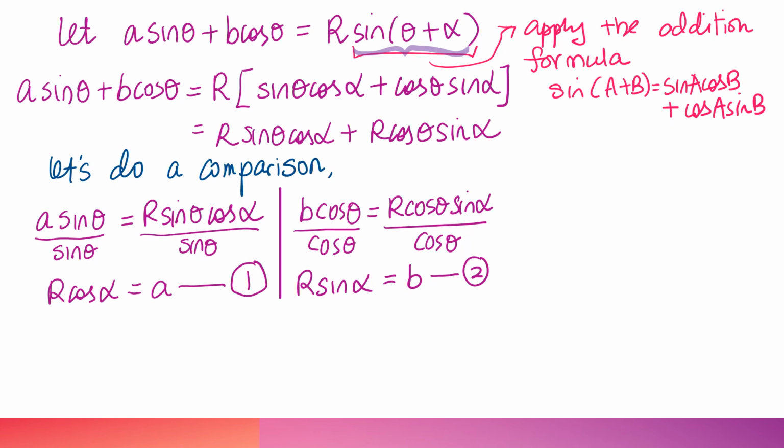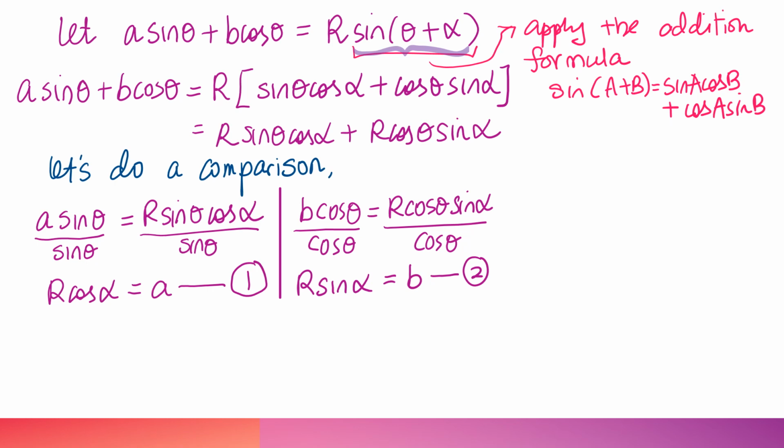Likewise, I'm going to divide both sides by cos theta so that I would get r sine alpha on the right hand side, and on the left hand side, I will get the constant b, and I'm going to call that equation 2.